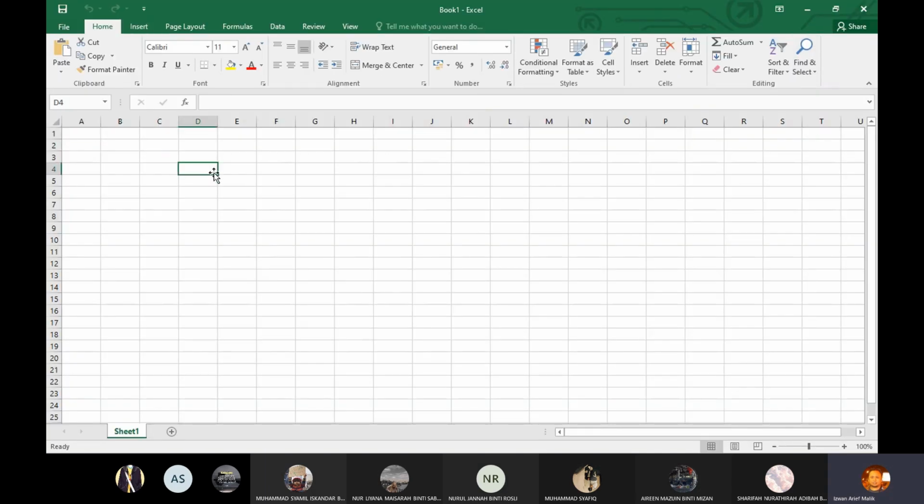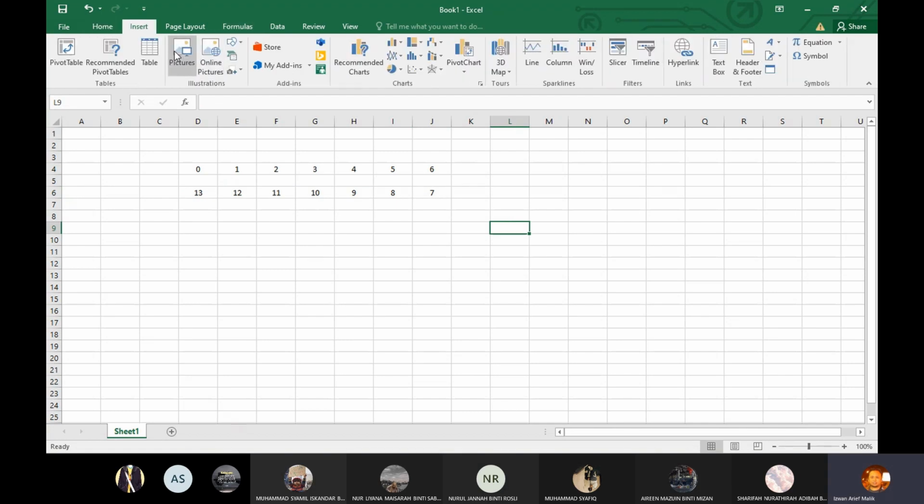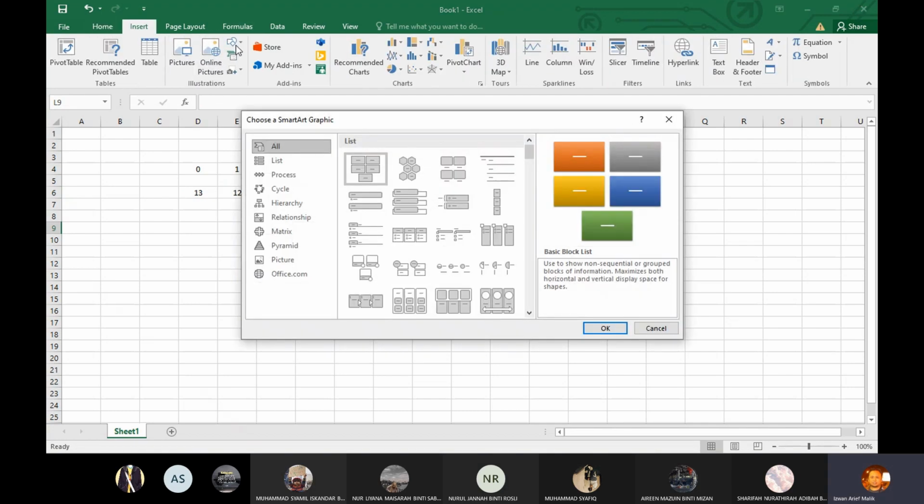The number goes from 0 to 1, 2, 3, 4, 5, 6, 7, then to 8, 9, 10, 11, 12, 13, and then back to 0. So this will be the sequence. I'll just put an arrow, because drawing it would consume time.